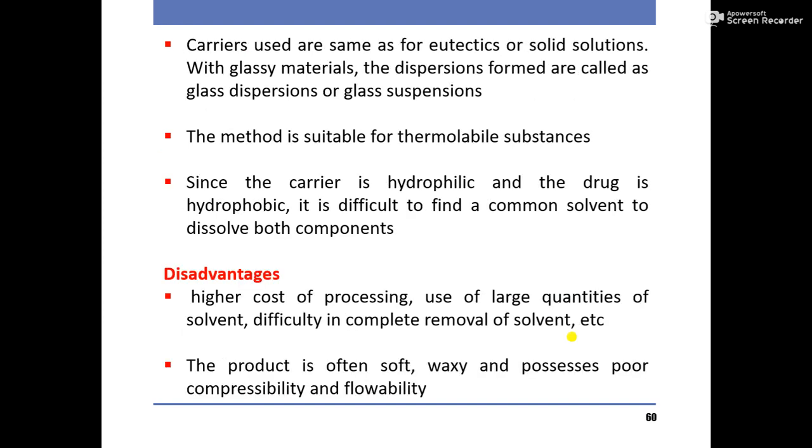But in solid solution or eutectics, the drug is actually precipitated in crystalline form in the case of eutectic mixture, as we have already discussed. Carriers used are the same as for eutectic or solid solution with glassy materials. The dispersion formed is called glass dispersion or glass suspension. The method is suitable for thermolabile or heat sensitive substances.